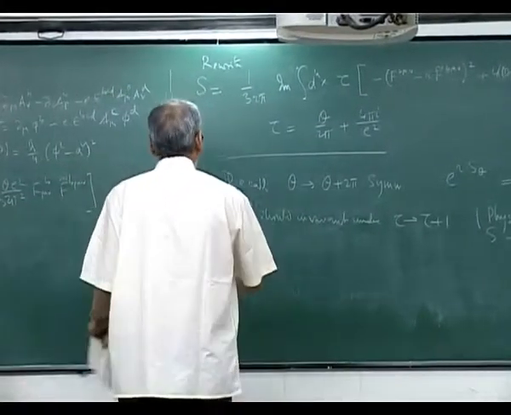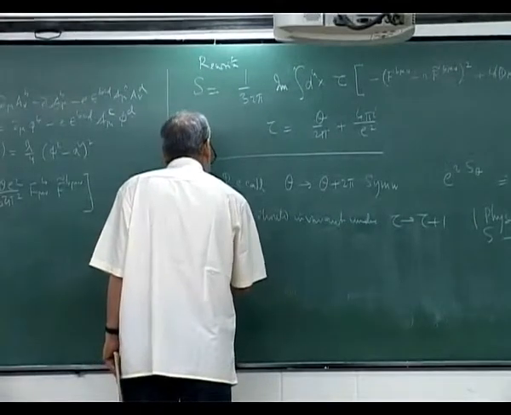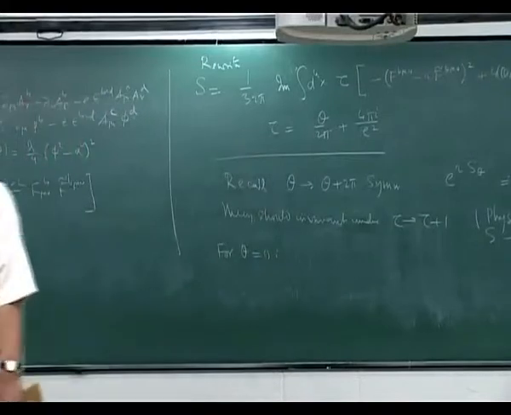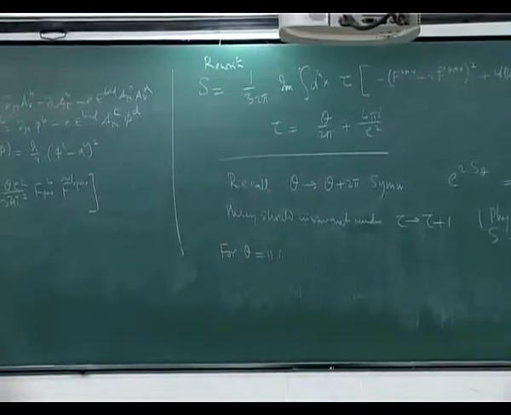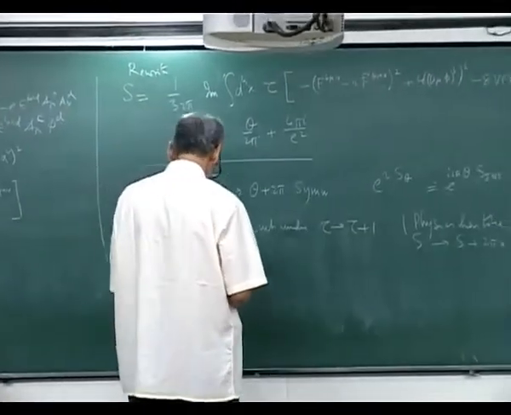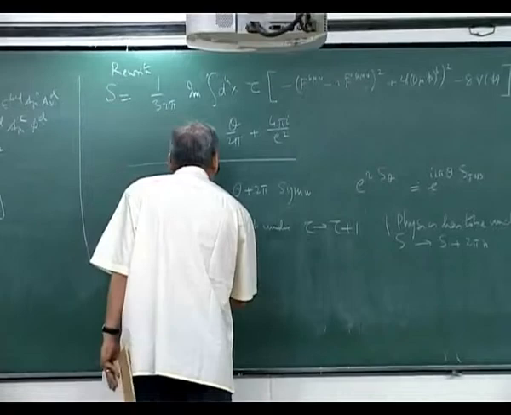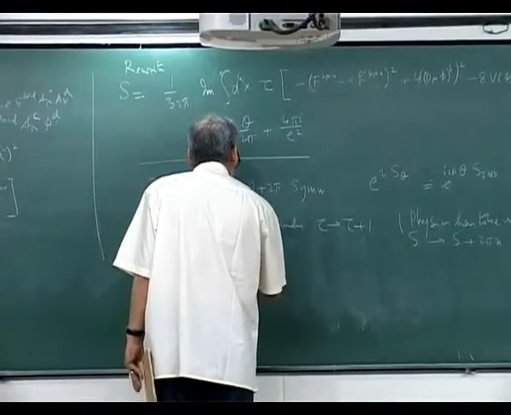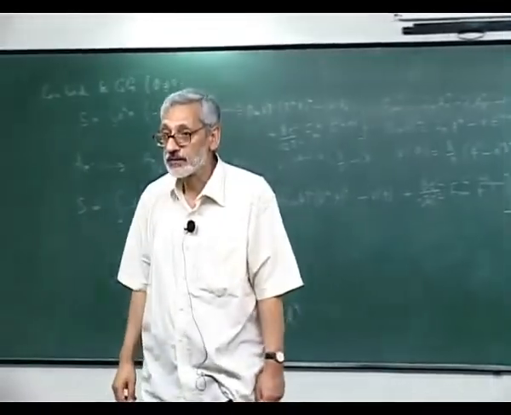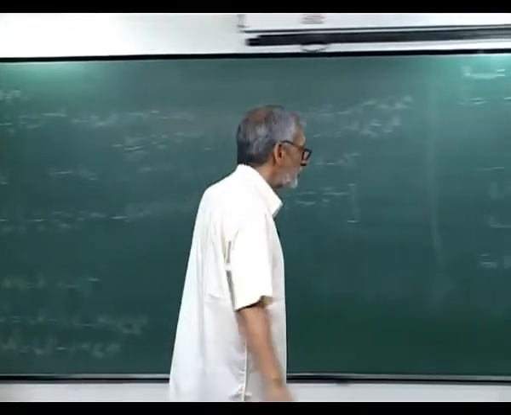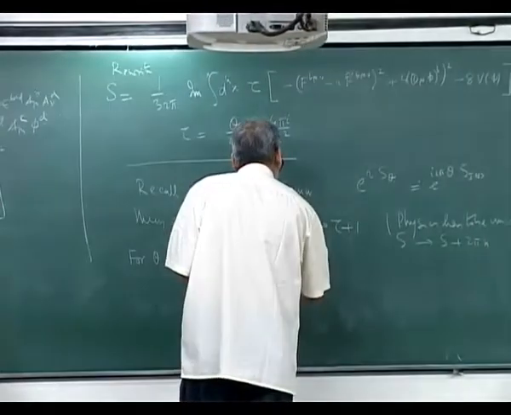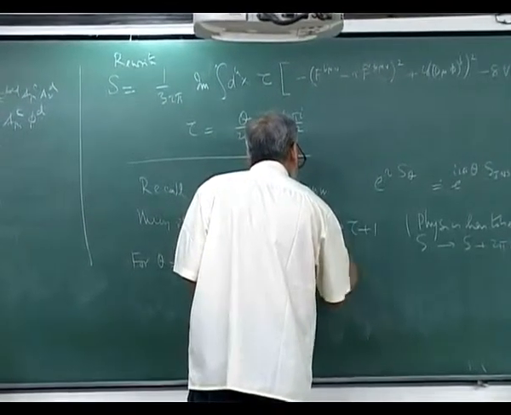Now let me look at theta equal to 0. Let me take theta to be 0. At the tree level in this theory, we have seen that there is a duality, and the duality was e going to g, and g is 4 pi by e.